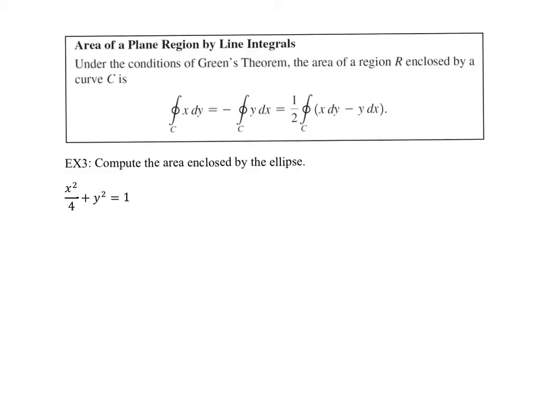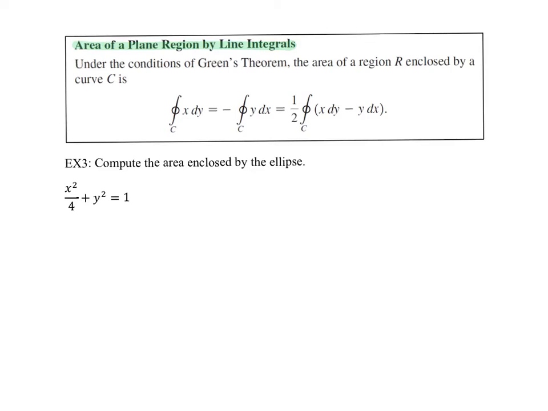So why did I go through that? Well, from those two particular examples, we can expand it to talk about the area of any region using our line integrals, and that's what's in this box here. So we could use these line integrals under the conditions of Green's theorem to actually find the area of a region enclosed by the curve.